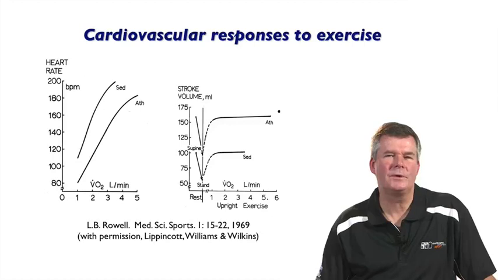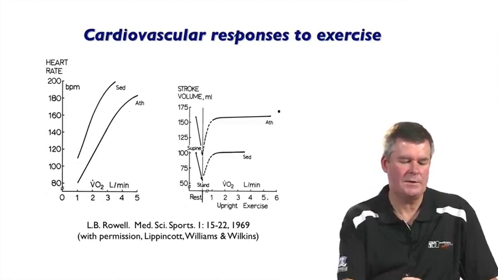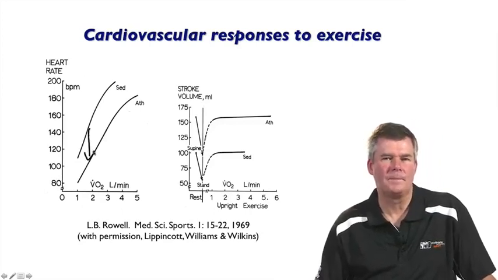Although cardiac output at any given VO2 is very similar between a sedentary person and an athletic person, their heart rate and stroke volume responses are quite different. One of the hallmark adaptations to exercise training is a reduction in heart rate at any given submaximal exercise intensity. And you can see here this reduction in heart rate in the athletic group.